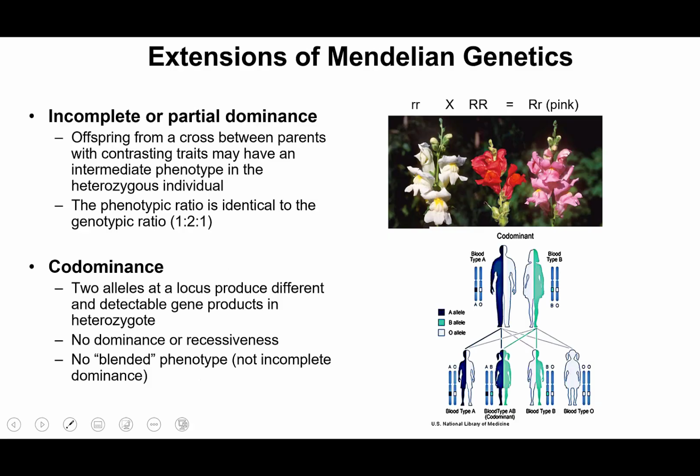So what are some things that we have discovered in different traits and different organisms that don't adhere to Mendel's initial postulates? One of those is what we call incomplete or partial dominance. So sometimes what we find when we make a cross is that the offspring don't have the phenotype of either parent, but it's kind of a mixture of the two.